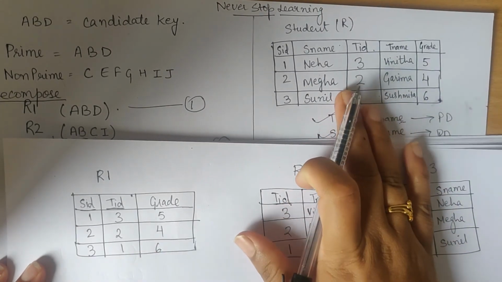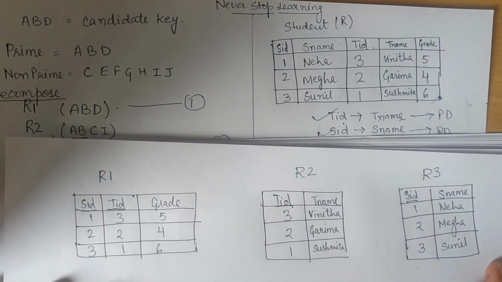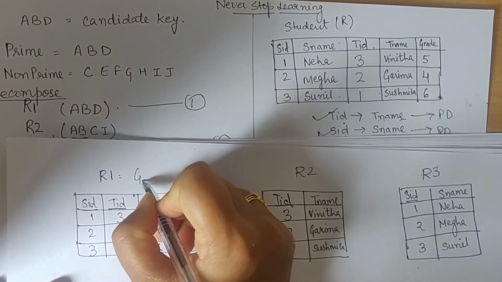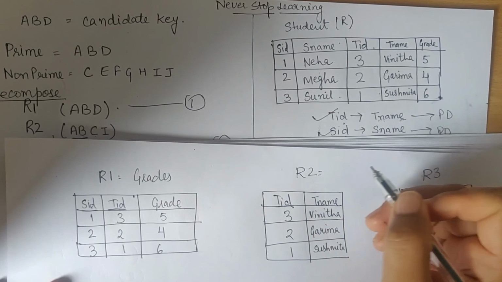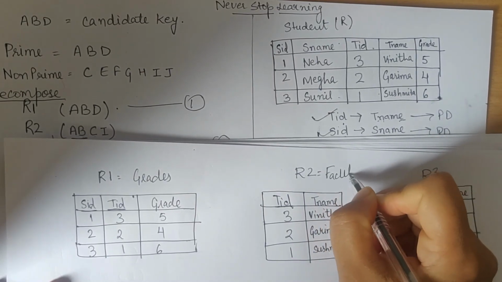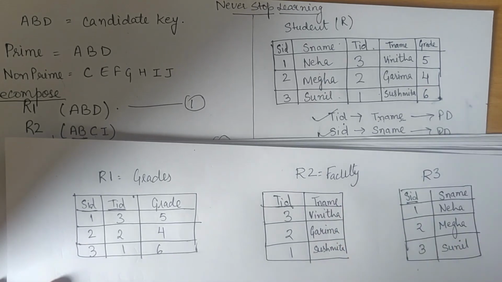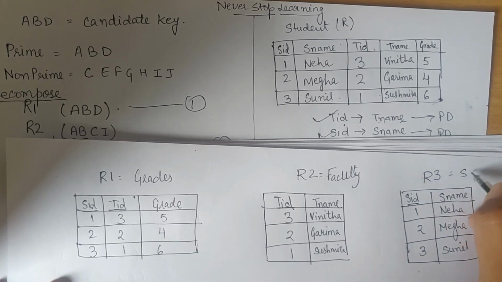So the student table is further divided into 3 tables. If you want to give meaningful names, let's call this table grades. This is my grades table, this is my faculty or teacher table, and this is my student detail table.